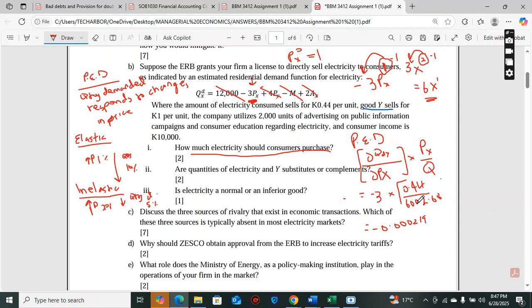Divide 0.44 by 6,002.68, you get 0.0007, and then you multiply it by negative 3. 0.44 divided by 6,002.68, you get 0.000733, and that's 0.000733 when you multiply it by negative 3, because once you've divided, then you multiply by negative 3.